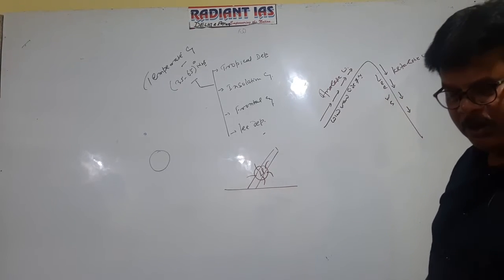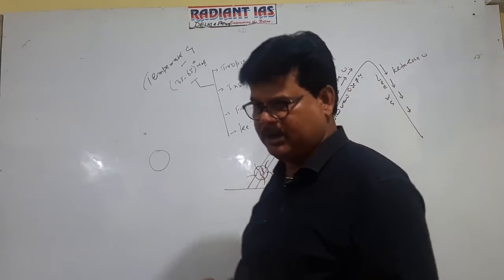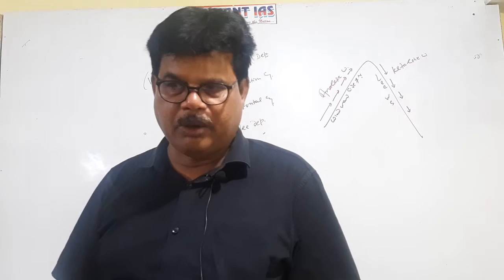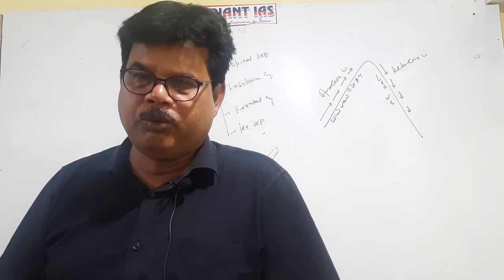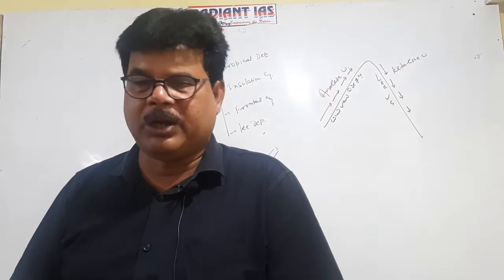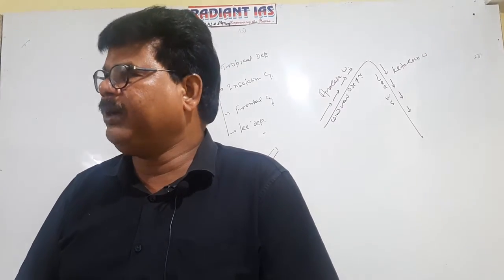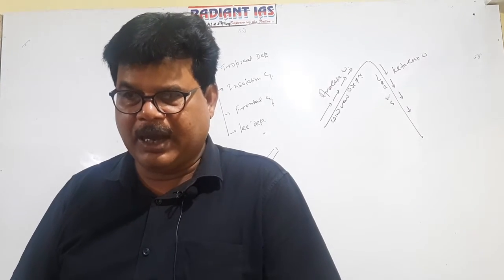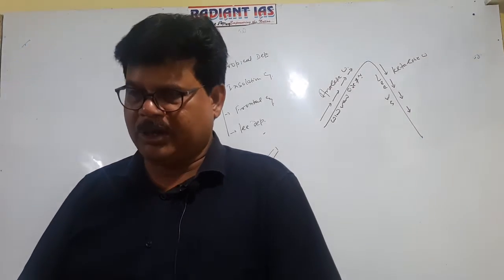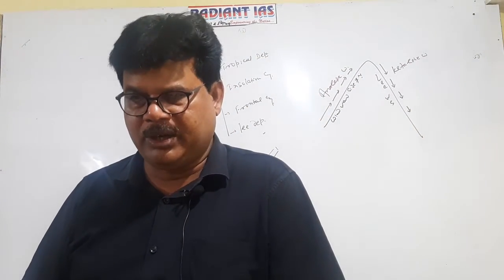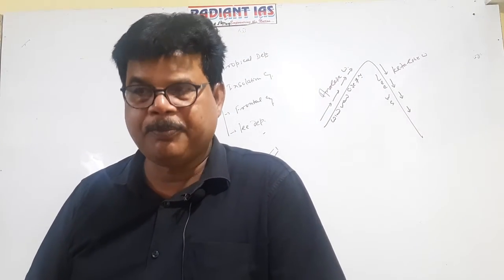Getting well now? So along the windward side, the wind will ascend along the slope of the mountain against the gravitational pull, and it will have to work against the gravitational pull of the earth. And this work will be performed at the cost of its own internal energy, right? And hence its temperature will decrease, and condensation will occur because moisture retaining capacity is proportional to temperature, right?